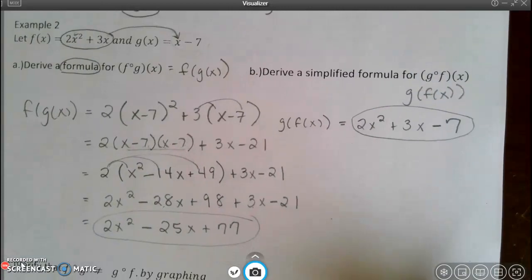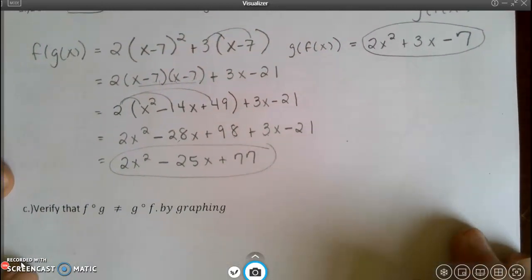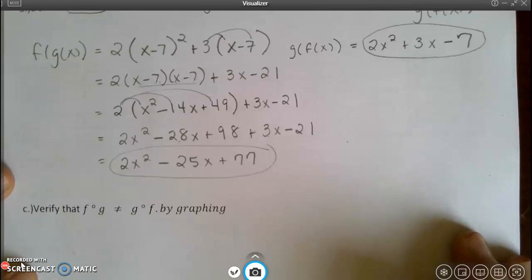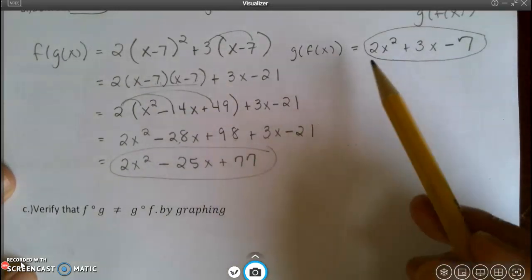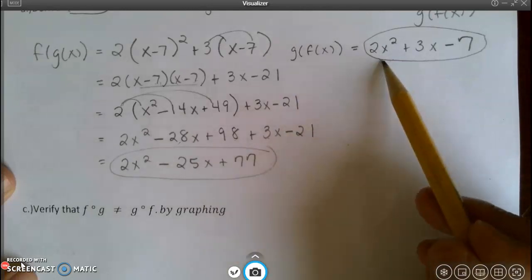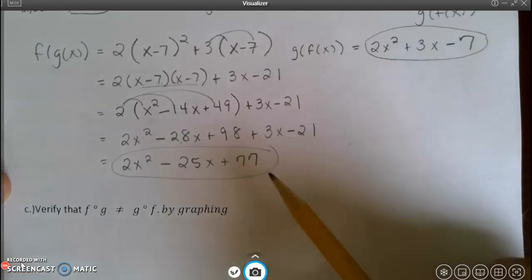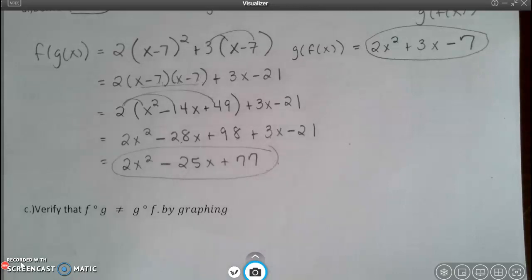Our next step, we are asked to verify that f composed with g and g composed with f are not equal to one another. Now we can see that they're different equations, but what we want to do is look at them on a graph. So we're going to go to our graphing calculator.